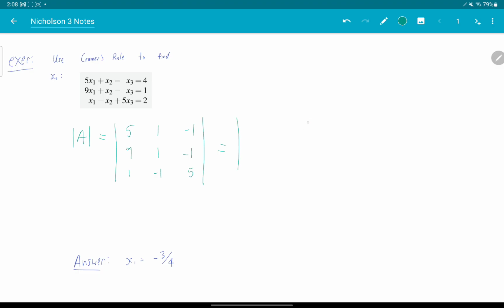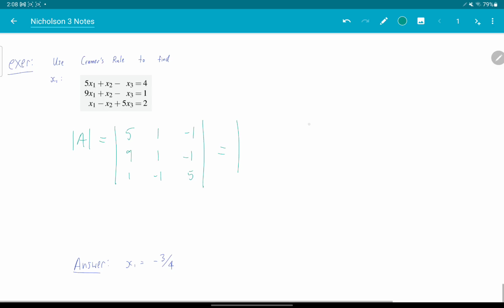Well, with my determinants, what I like to do is only do replacement operations. So I'm going to create some zeros quickly: row 2 plus row 3, and row 1 plus row 3. The idea is I'm going to use this entry here to kill these two.